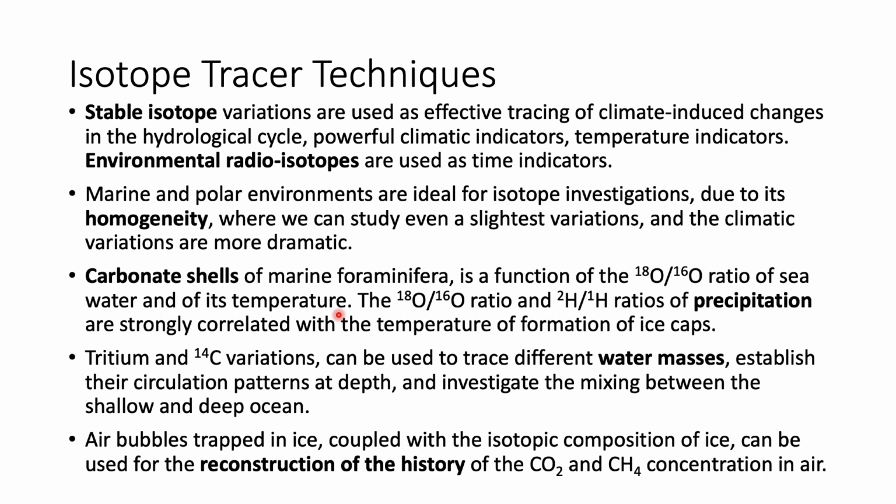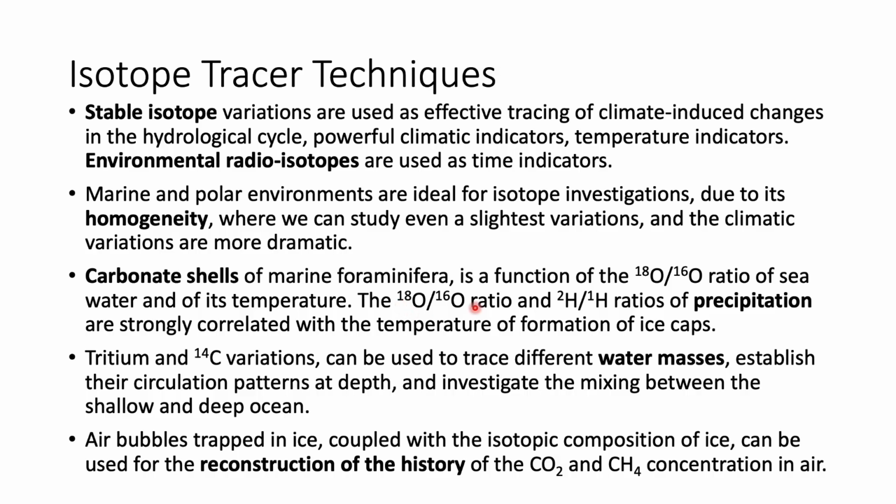So this is how isotopic tracer methods can be used to find out the carbon cycling. The O18 to O16 ratio and H2 to H1 ratio of the precipitation are strongly correlated with the temperature of formation of ice caps. So from there we can study how the carbon was stored or deposited here. All those things we can study.